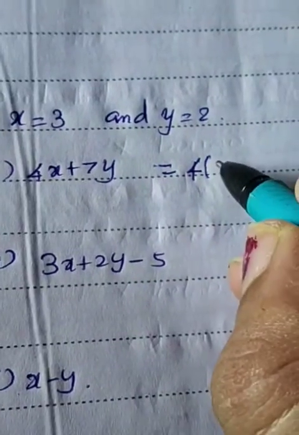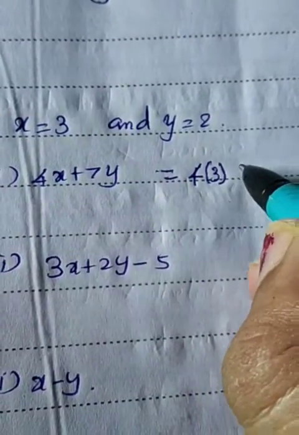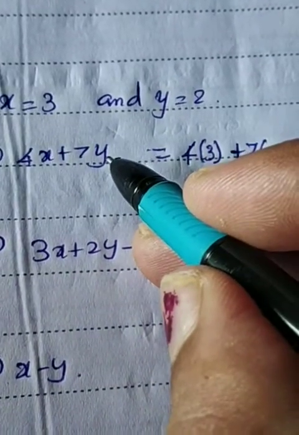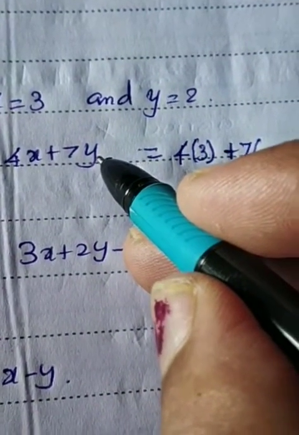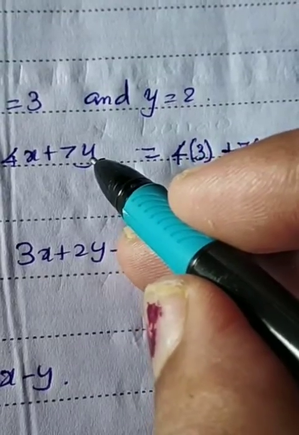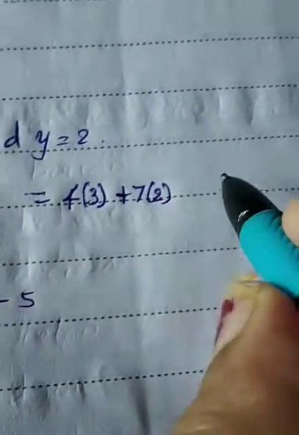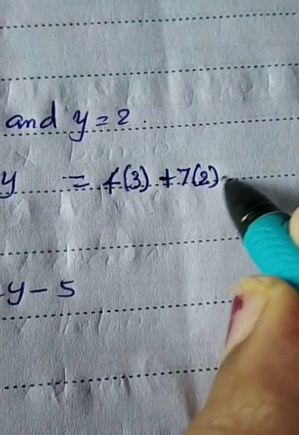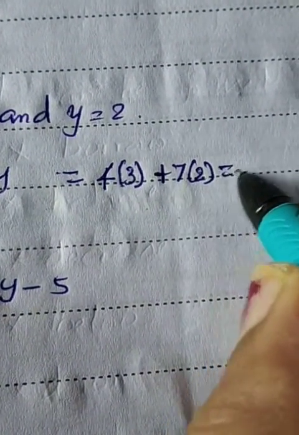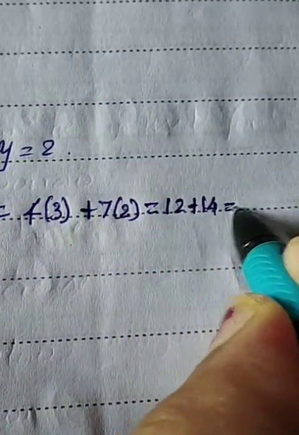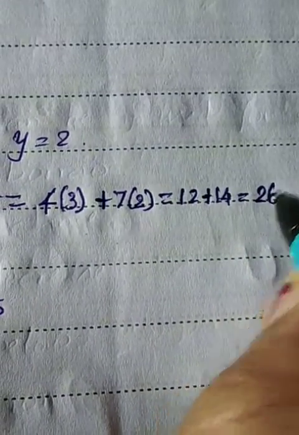It is 3. 4 into 3 plus 7 into, what value can we substitute for y? 7 into 2. That is, 4 threes are 12 plus 7 twos are 14, which is equal to 26.